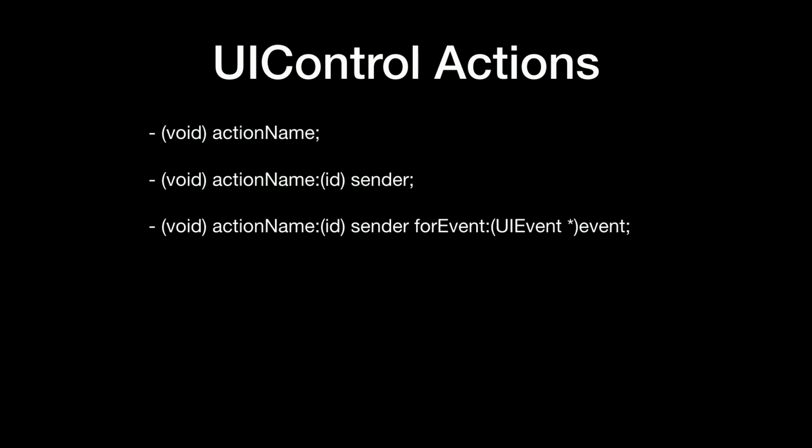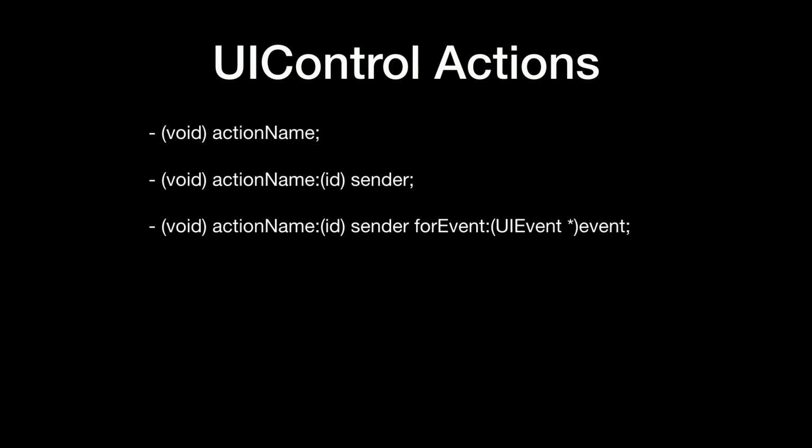Now the actions that you can perform from the UIControl, so the actions that a target gets sent, you can have 3 different signatures. You can have just the action name. You get no information, it just gets a method name. So you get sent just a simple action name message. You can then have the sender give the sender information. So like a button: you tap on a button, the button then sends a reference to itself as the sender.